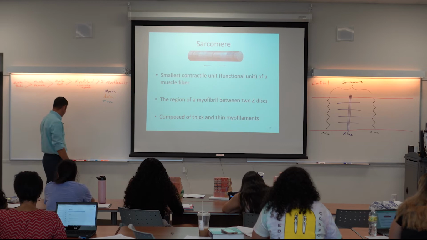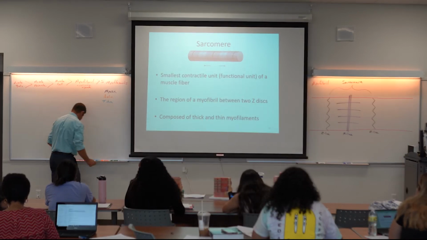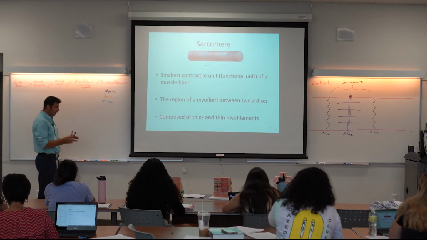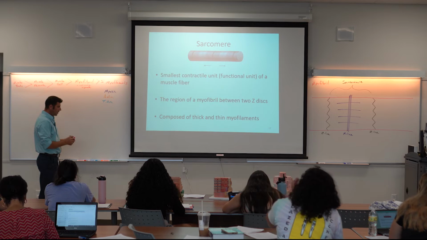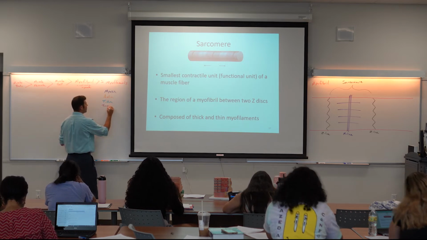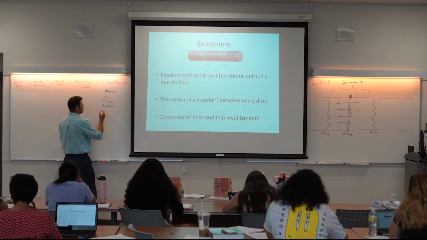That's what's throwing me off. So instead of using green, I don't know how distinct these two shades of red are, but these are going to be the other two myofilaments. I'm going to make the darker one what we call troponin. And then the more pinkish one, what we call tropomyosin.